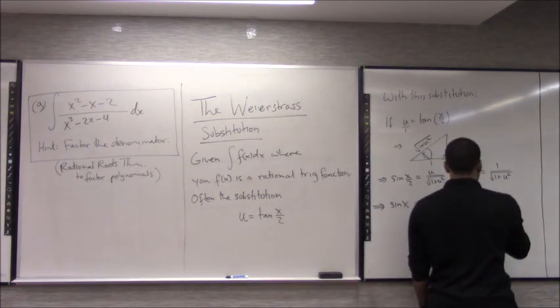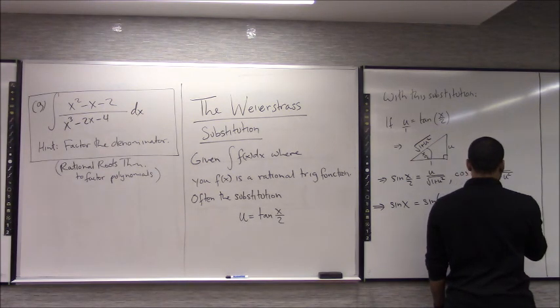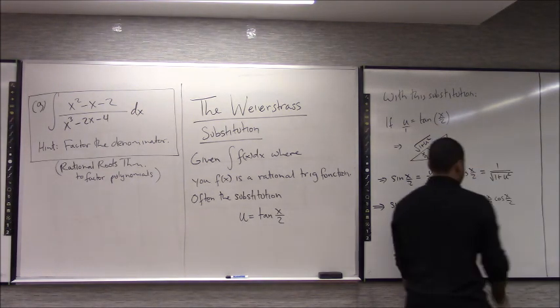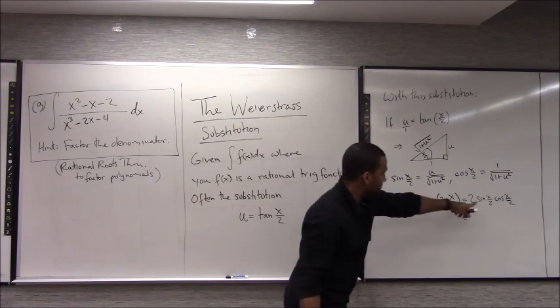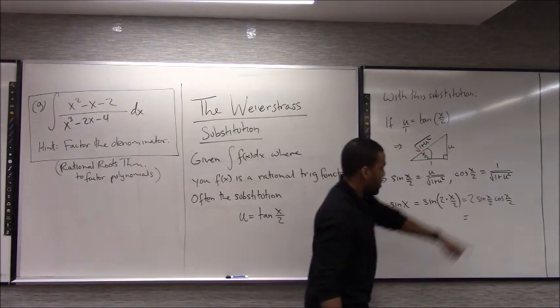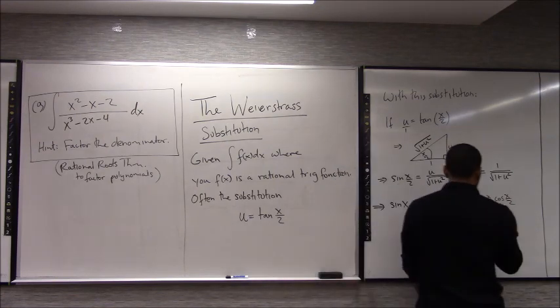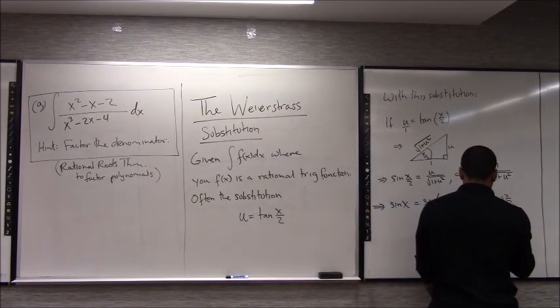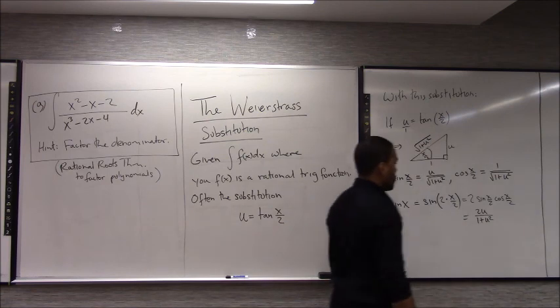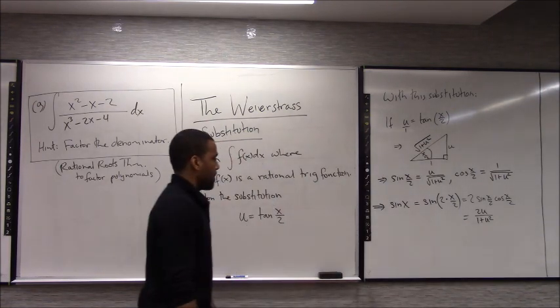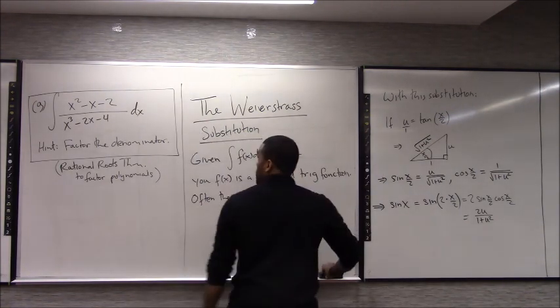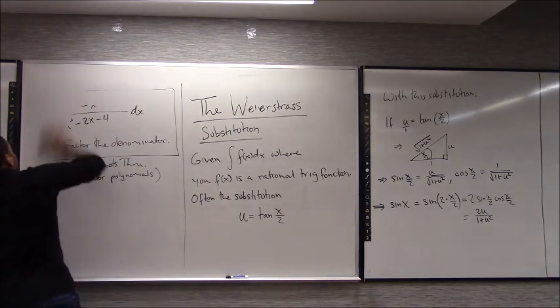This is 2 sine x over 2 cosine x over 2. And I know that my sine of x over 2 is this guy, my cosine of x over 2 is that guy, and I just multiply them, you would get 2u over 1 plus u squared. Let's actually copy that down here.